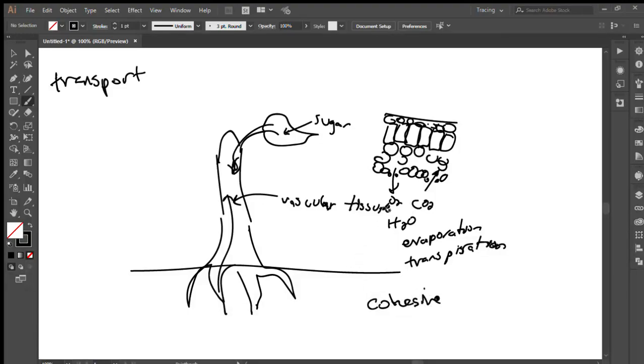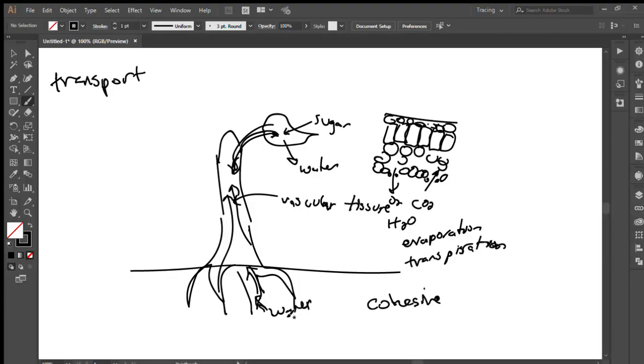So what happens is water exits out of the leaf. That cohesion drags more water up the leaf, out of the petiole and stem, works the water up the root and out of the ground.